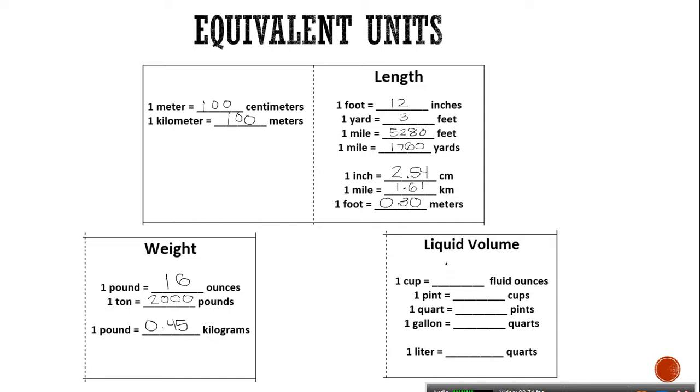Now, liquid volume. 1 cup is 8 fluid ounces. 1 pint is 2 cups. 1 quart is 2 pints. And 1 gallon is 4 quarts. And 1 liter is 1.06 quarts. So make sure you get these all down on your sheet. I will be checking your little foldable.